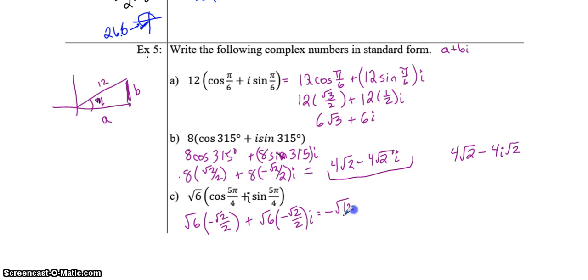Negative square root of 12 over 2 minus the same thing. That's nice about the pi over 4s, the 45s. Square root of 12 is 2 square roots of 3 over the 2, bye-bye 2s. So this number is negative square root of 3 minus square root of 3 i.